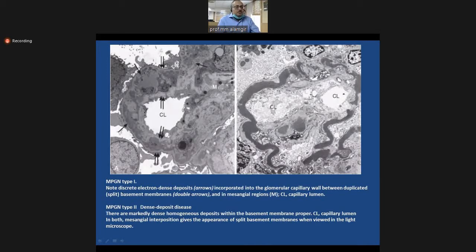In type 2, it may show disruption of the basement membrane because of this electron dense deposition. So whatever the pathology is there, it is basically confined to the membranes, as well as it has created mesangial proliferation. So we combine both these terms as membranoproliferative glomerulonephritis. You need not remember these electron microscopy photos, but this is for your understanding of the terminology.